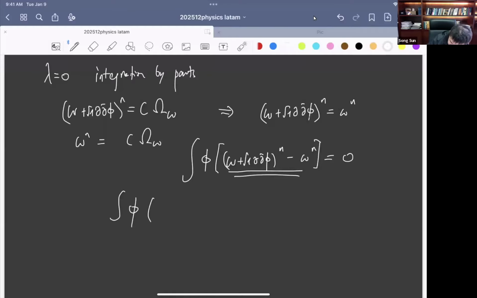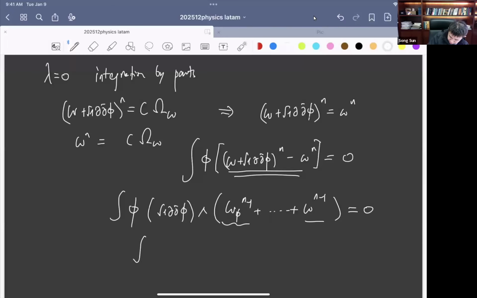So it's a minus b, which is square root of minus 1 partial bar phi, times the sum of omega phi to the power k, and so on, up to n minus 1. This is 0. And all these are closed forms, so you can do integration by parts. What you get is minus square root of minus 1 partial phi wedge partial bar phi, and so on, and this thing equals 0.